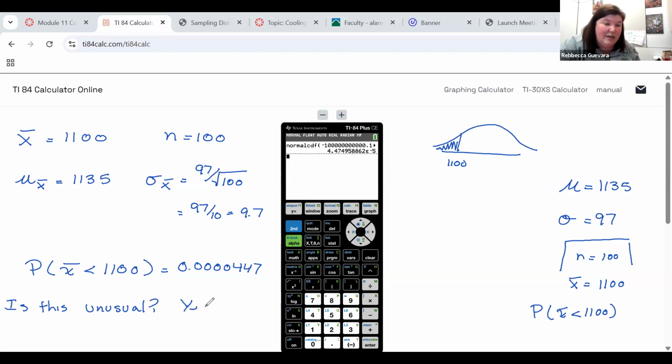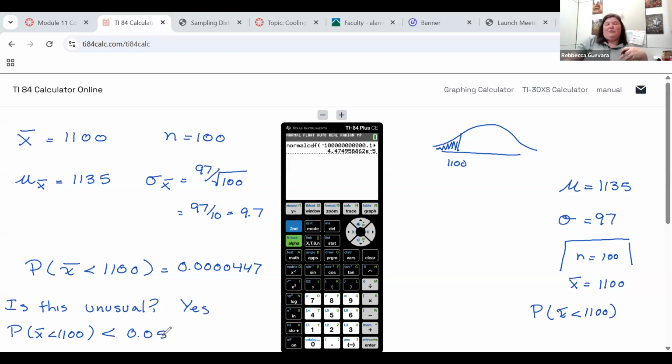Well, we would say yes, because my probability, my P here, the probability that I would find that my 100 bull cattle have a mean weight of 1,100 or less, is definitely less than 5%.